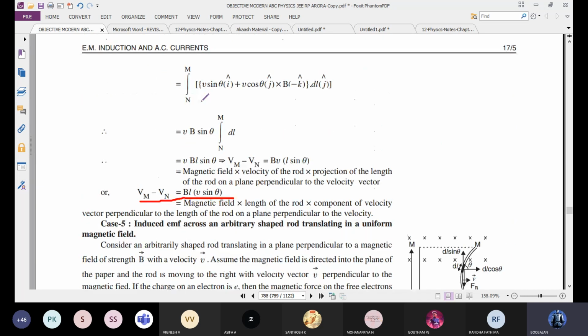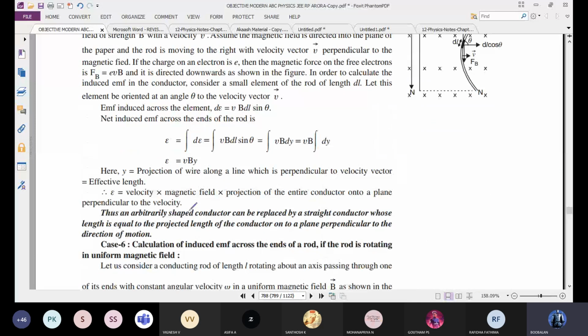So Vm minus Vn, that is the difference, equals BLV sin theta.